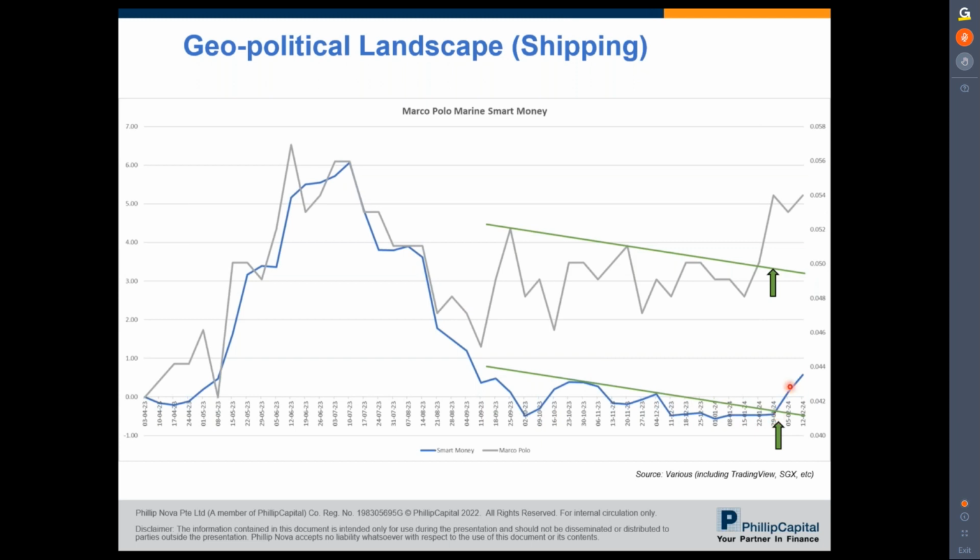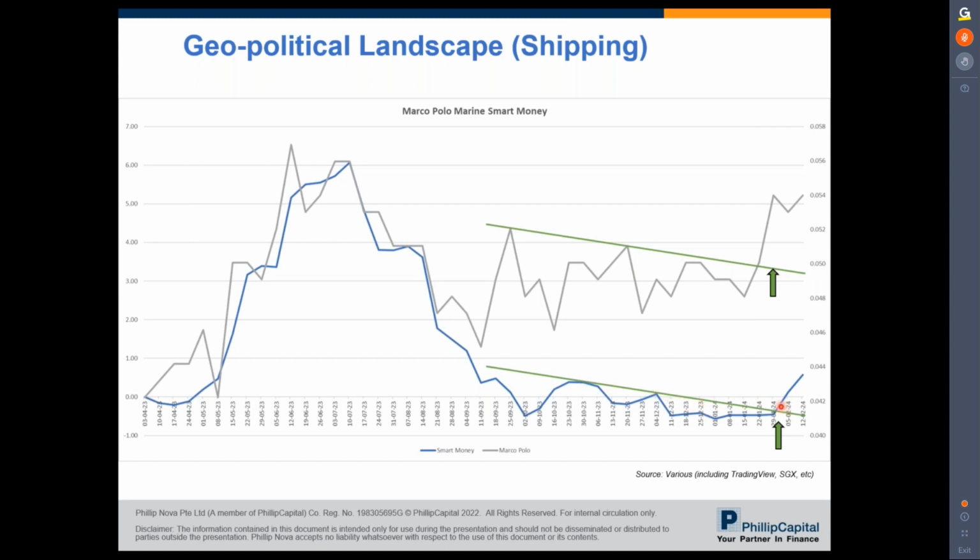And then suddenly it started to turn in the first 2 weeks of February. We see that smart money has been buying, and it looks to me that increasingly so for the past 3 weeks. So at least so far, things look good, right?